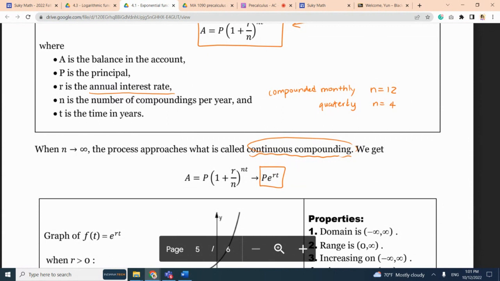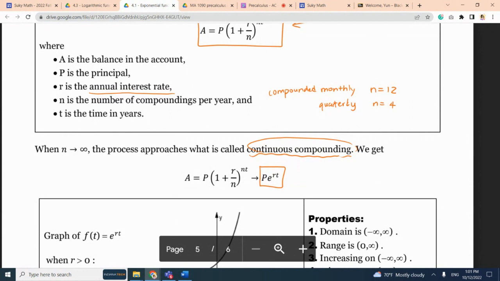Now, as x goes to infinity, see, if N goes to infinity, then the x, see, the R is a constant because R is the annual interest rate. It's always fixed. Right, everybody? So R is constant. Therefore, if N is getting bigger, the x is getting bigger.